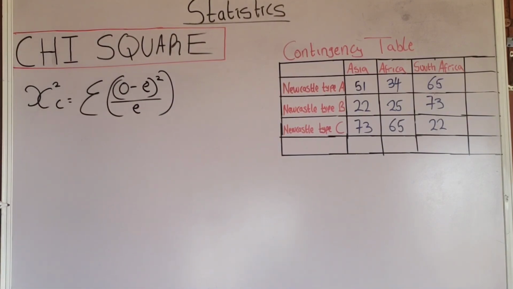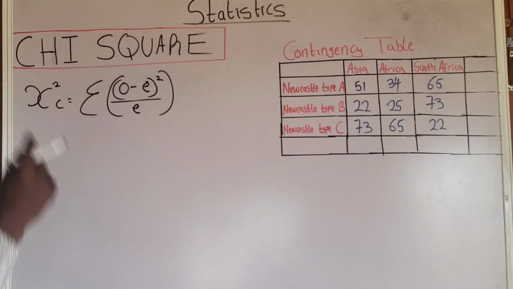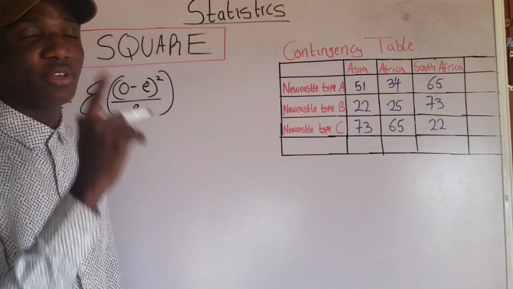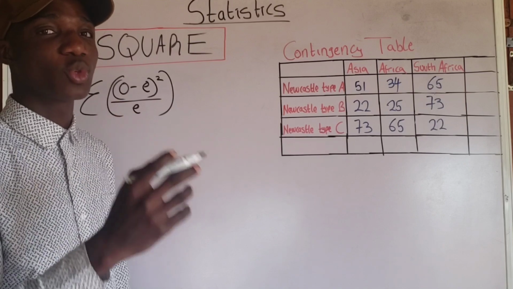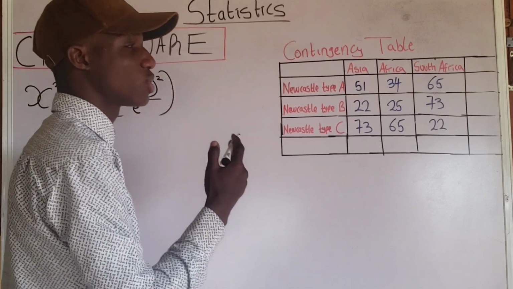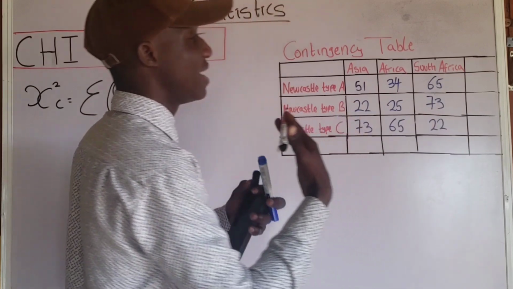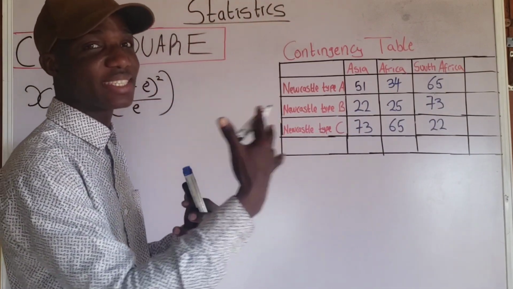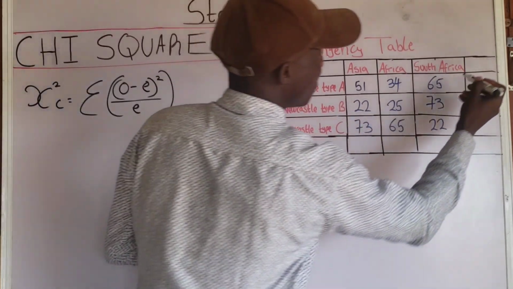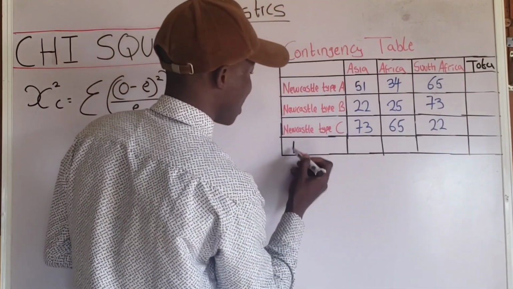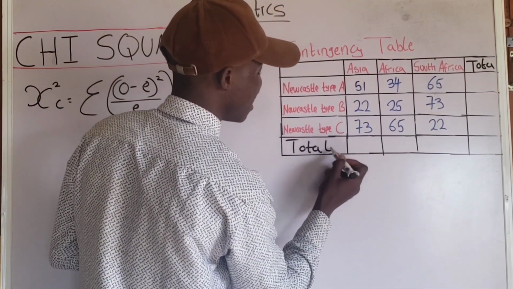Now, in an attempt to determine the expected value, the first step is to determine the row total and the column total. The row total is the summation of all the values that lie in the row. So I'm going to have a total here, and a total in this place as well.